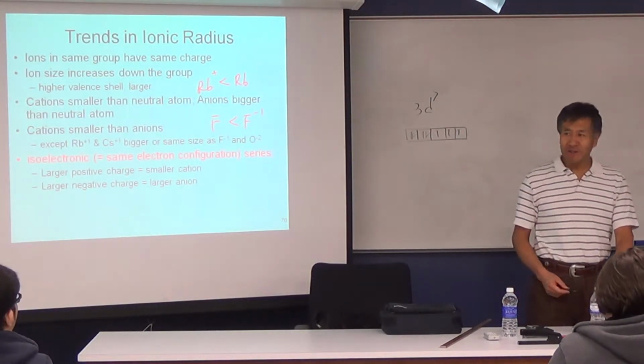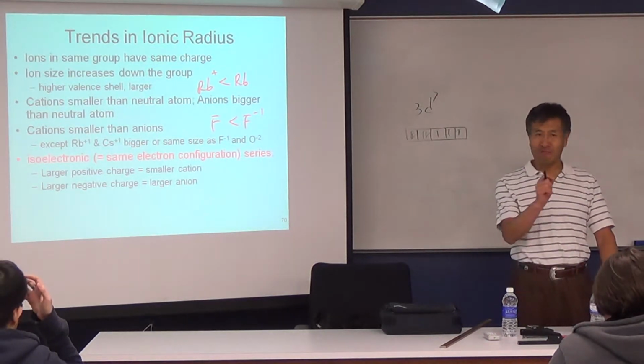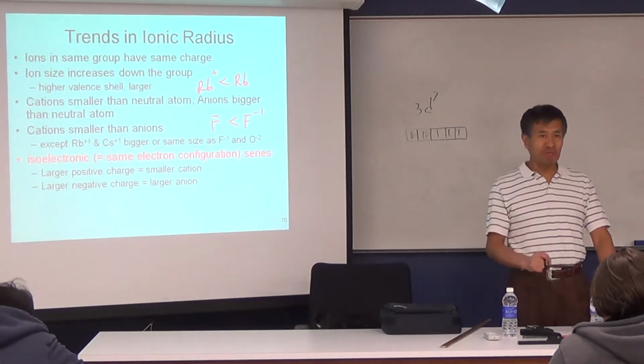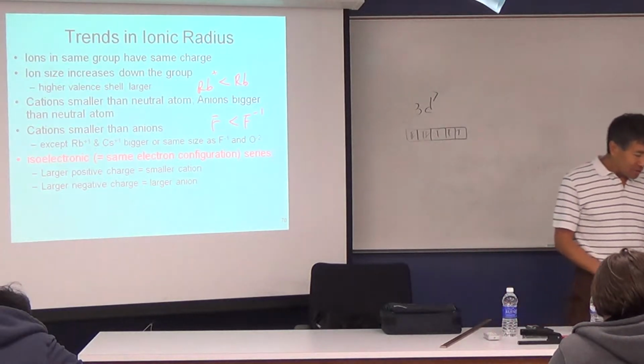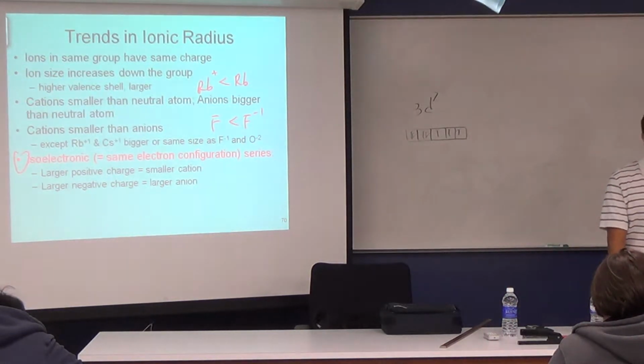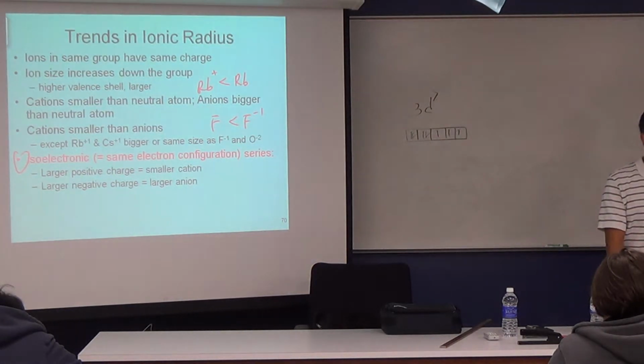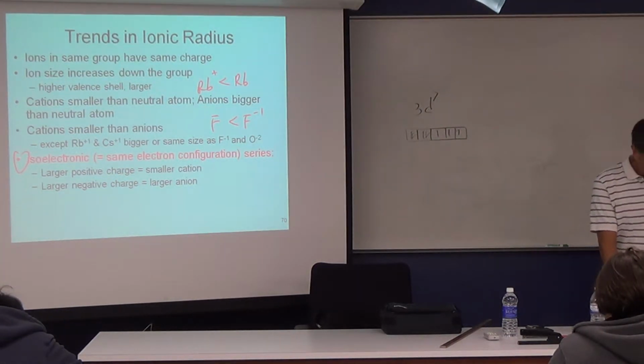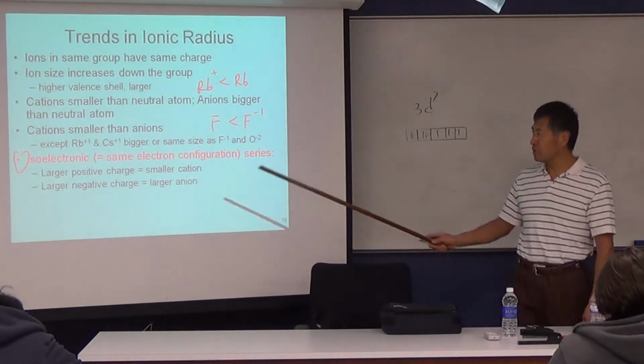Most of the patterns are compared in the same period, going from left to right. This last one, emphasized in red, you can even compare across two periods, as long as they have the same electron configuration.